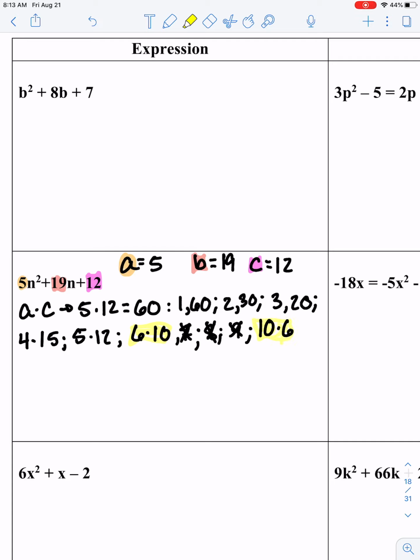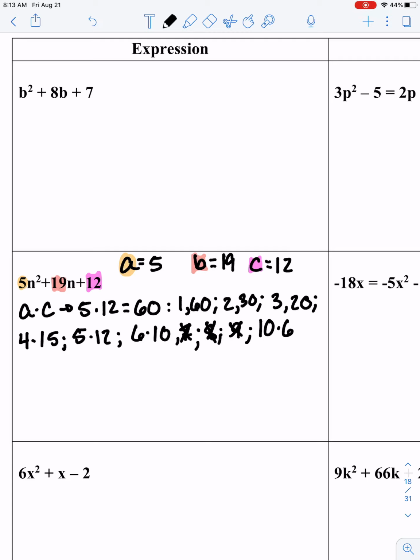In the next example, I'm going to show you a little shortcut to show you how many factors you actually need to find so you don't find repetitive factors. All right, but anyways, A times C is 60. I need to now find two of these factors that add to 19.